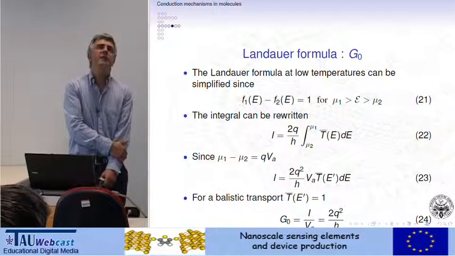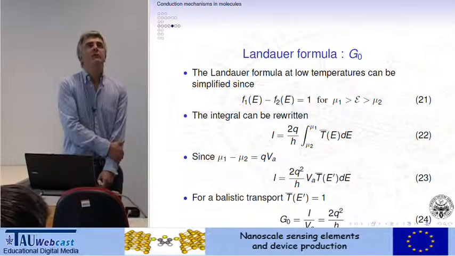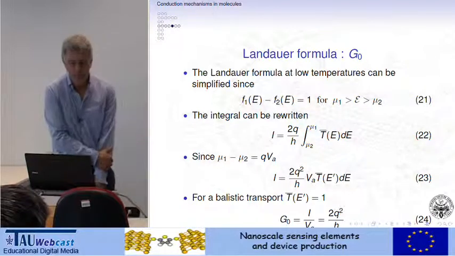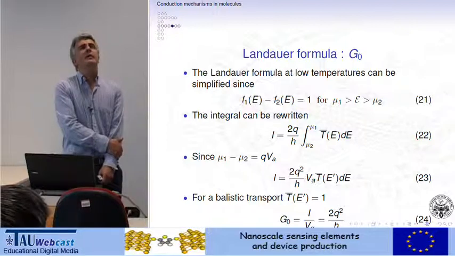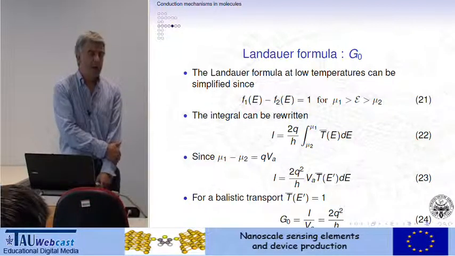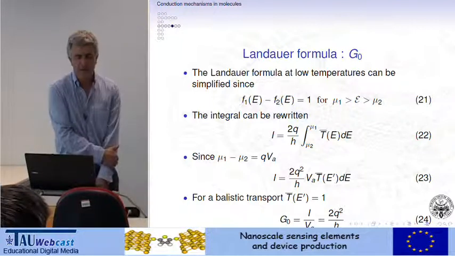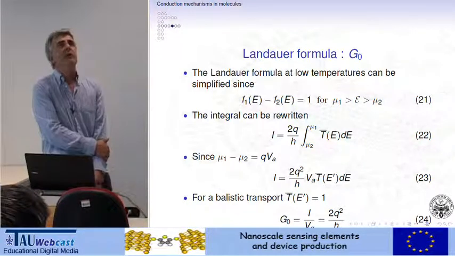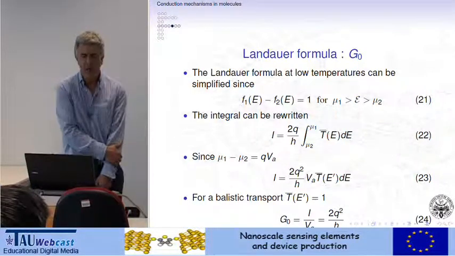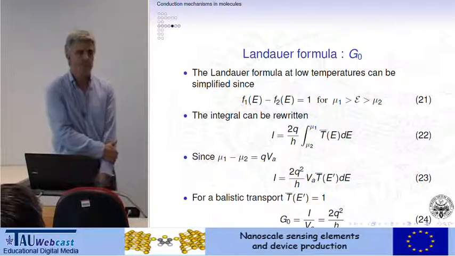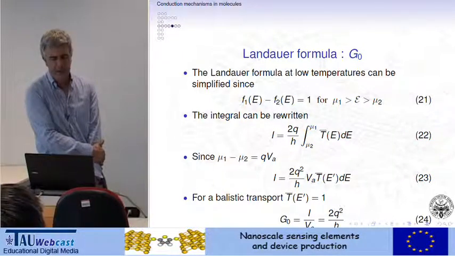So F1 and F2 are exactly equal to 1, since on the left electrode F1 is 1, and on the right electrode F2 of E is 0, sorry. So the difference is exactly equal to 1.